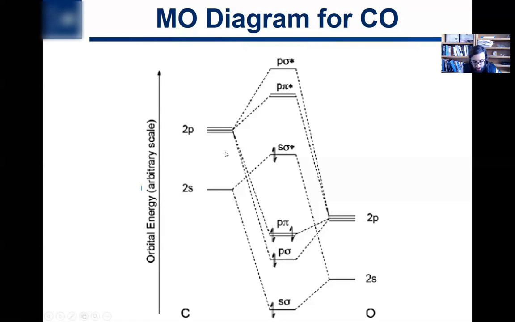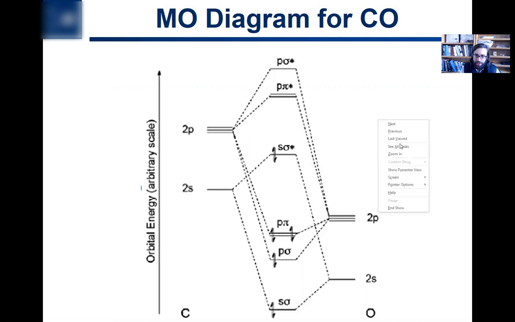This has implications for exactly where the electron density is. There's a principle that basically states that MOs that are closer to their AO counterpart have more of that AO character. So if we were to draw these MOs out, and let me just do that, right?